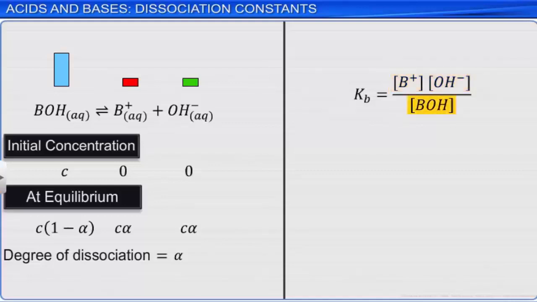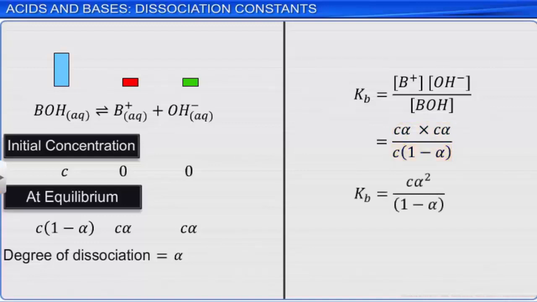Substituting the equilibrium concentrations in this equation, we get C alpha multiplied by C alpha divided by C multiplied by 1 minus alpha. Thus, Kb is equal to C alpha square divided by 1 minus alpha.